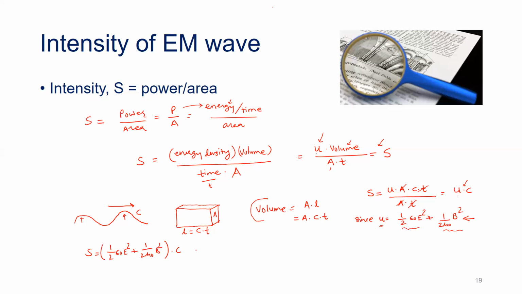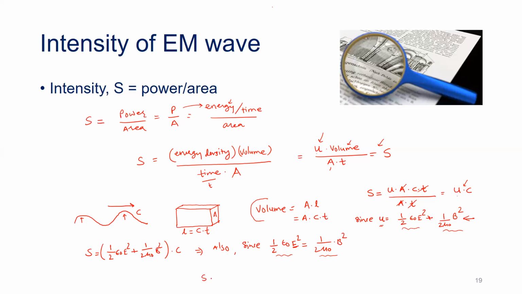We also know that one half epsilon 0 E squared is equal to 1 by 2 times mu naught multiplied by B squared. So the energy density of the electric field is equal to the energy density of the magnetic field.